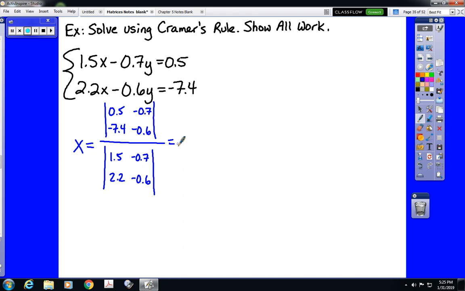So again, that process is always the same: 0.5 times negative 0.6 minus negative 7.4 times negative 0.7. On the bottom, we'd have 1.5 times negative 0.6 minus 2.2 times negative 0.7. Feed the calculator to find out what those values are.